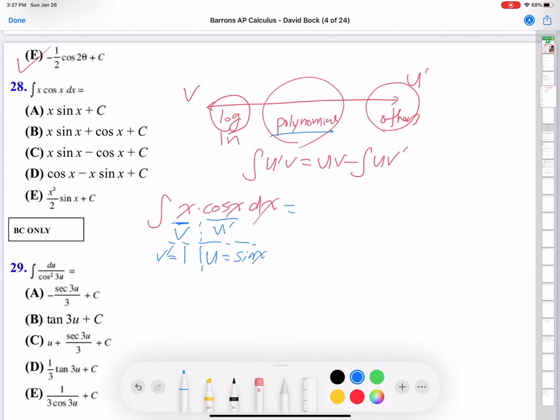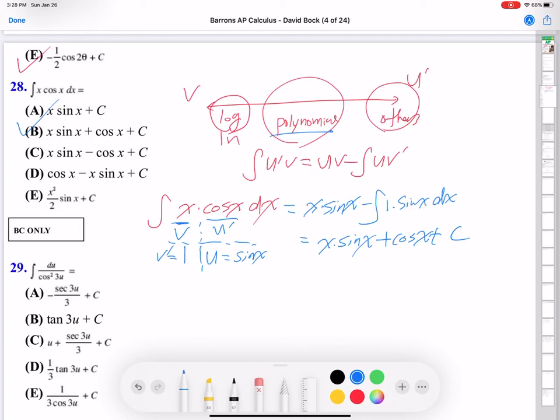And then use uv, x times sine x minus integral uv prime, so 1 times sine x dx. So your answer is x times sine x. Integral sine is negative cosine, so plus cosine x plus c. So B is the answer.